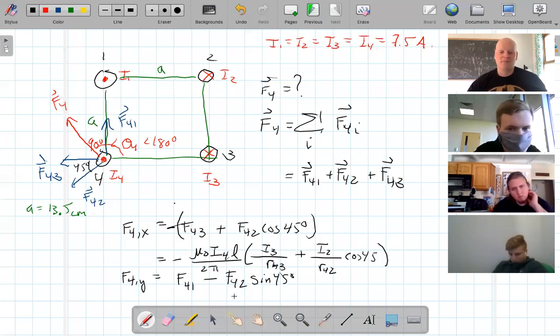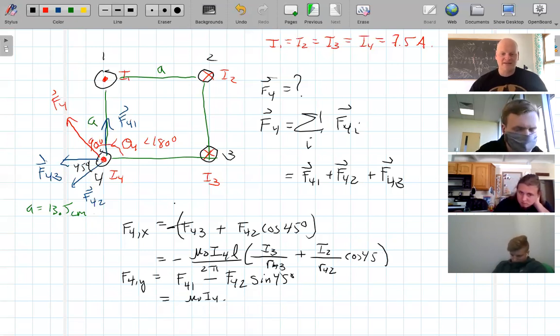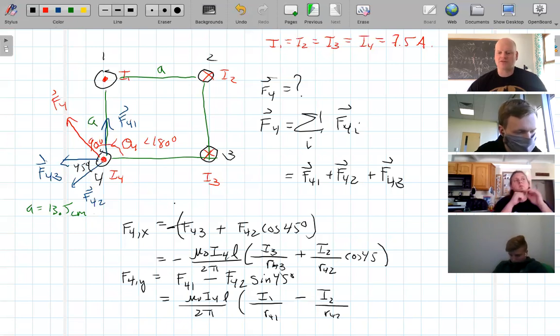So that's this guy. And then this one is going to be equal to, so now I get a mu naught I4 times L divided by 2 pi times, so here I'm going to get an I1 divided by R41 minus I2 divided by R42 times sine of 45 degrees.